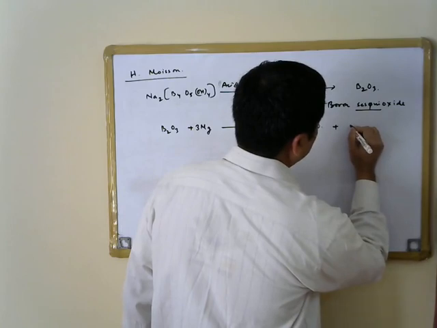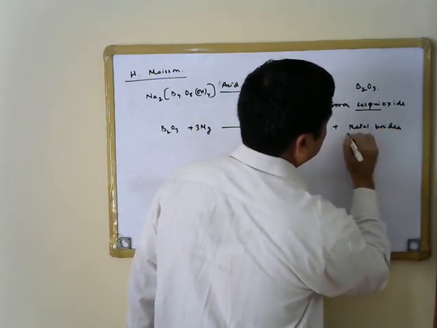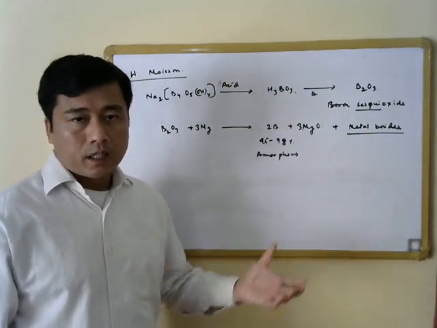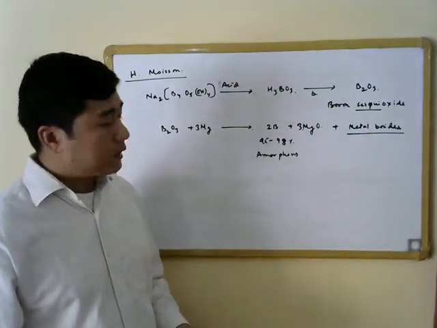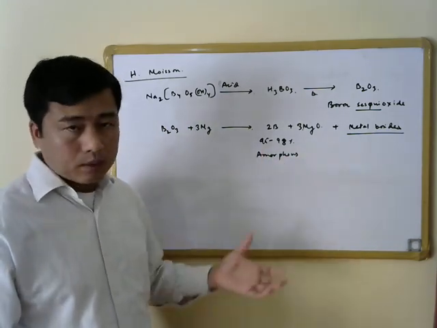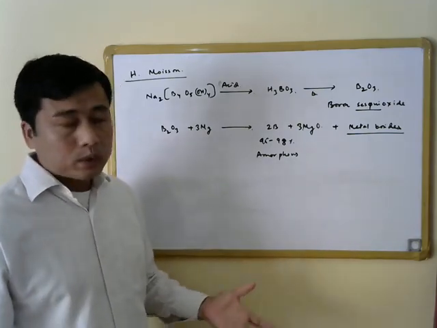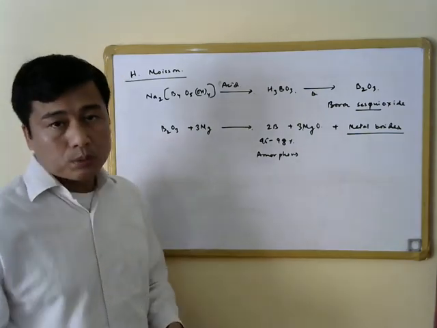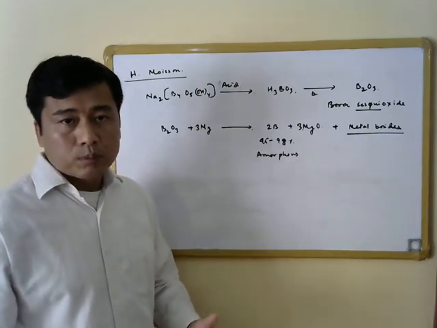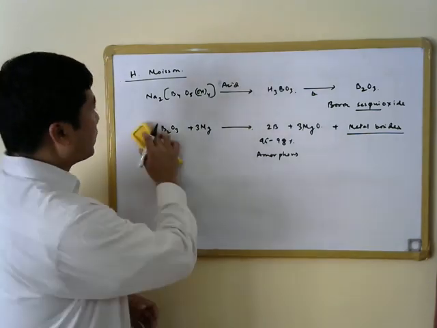We will also learn about metal borides and their applications during this course. These metal borides are present as impurity in the boron isolated by this Moissan method.